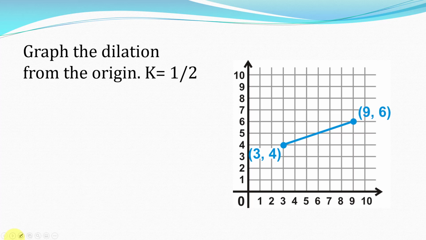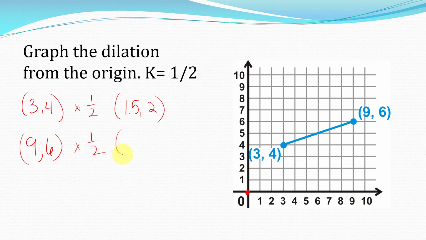Okay. Here, the scale factor is 1/2. So you can think about these: the new line segment will be half as long. It will be half the distance from the origin. So again, 3, 4 times 1/2 is going to give you 1.5, 2. And the other coordinate is 9, 6 times 1/2, which is going to give you 4.5, 3. And then just plot those out, 1.5, 2.